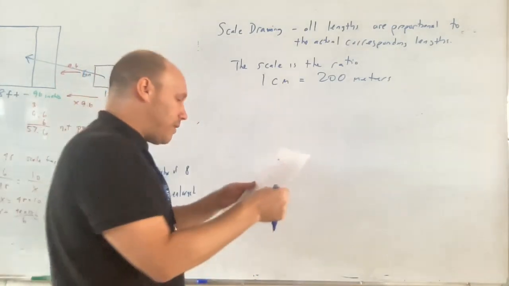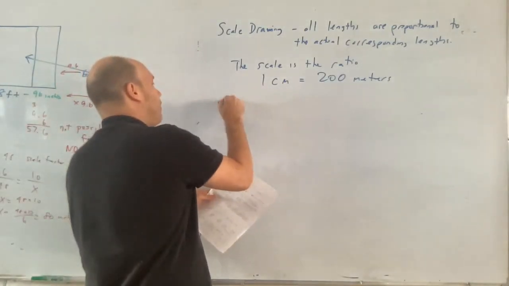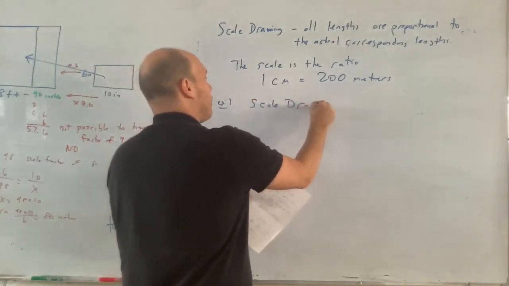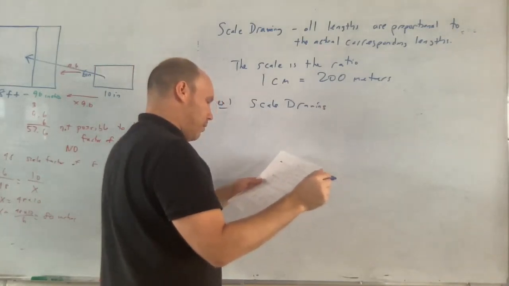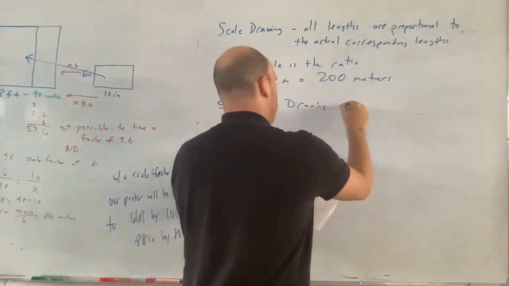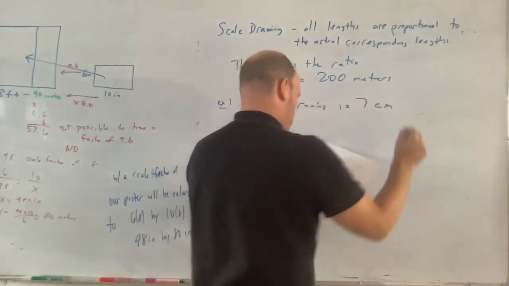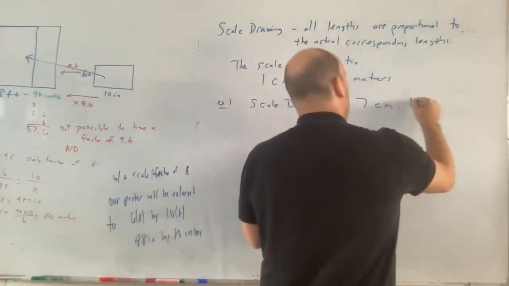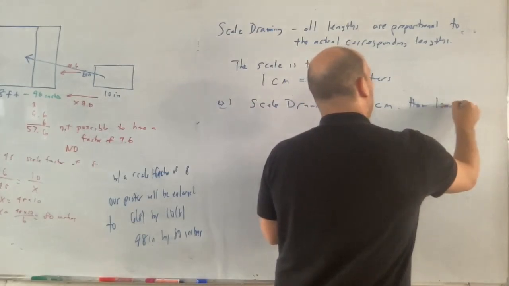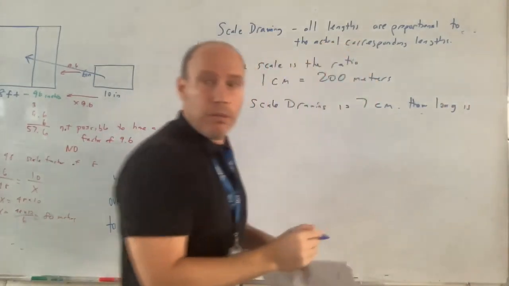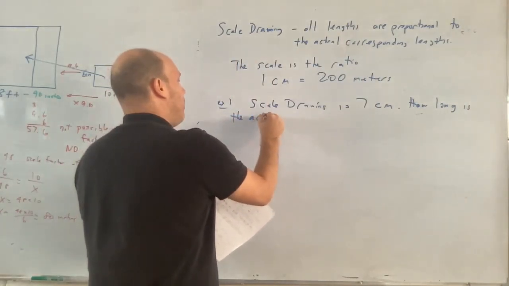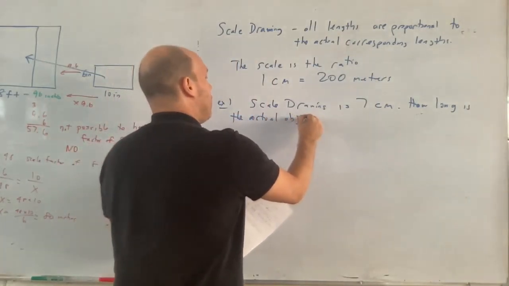So let's say a scale drawing, example 1. A length on the scale drawing is 7 centimeters. How long is the actual object?